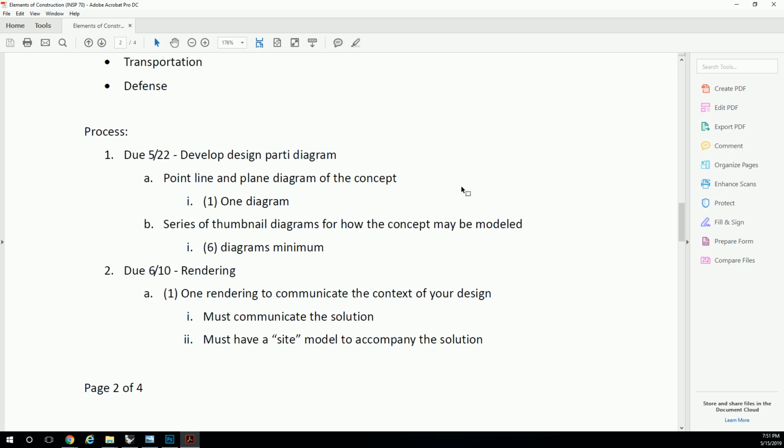But after that, start to look at how you're going to build it, right? So if you've got your concept diagram and then you start to develop massing and you understand what the massing is, well then start to look at the architecture.